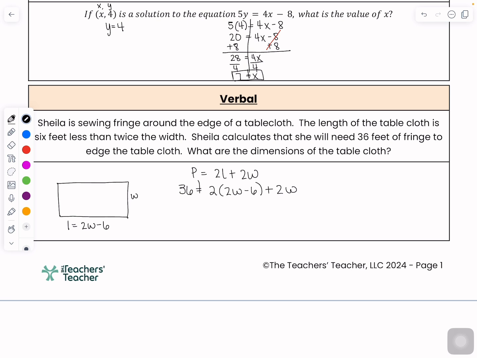Let's make sure to distribute our 2. So we're left with 36 is equal to 4w minus 12 plus 2w.